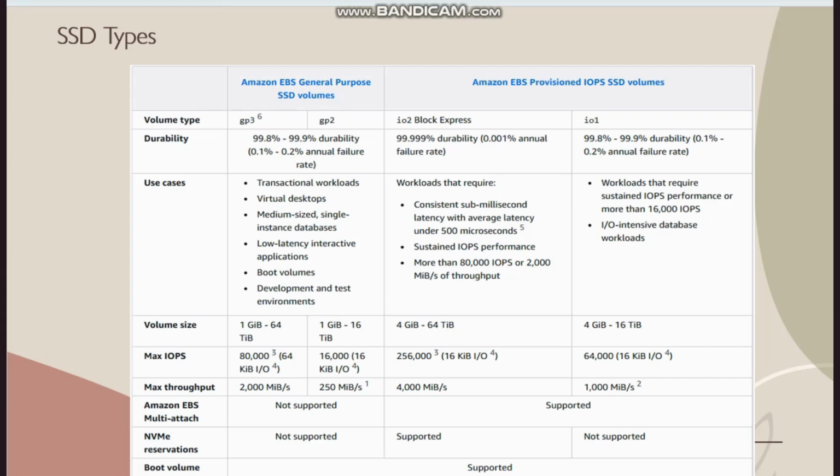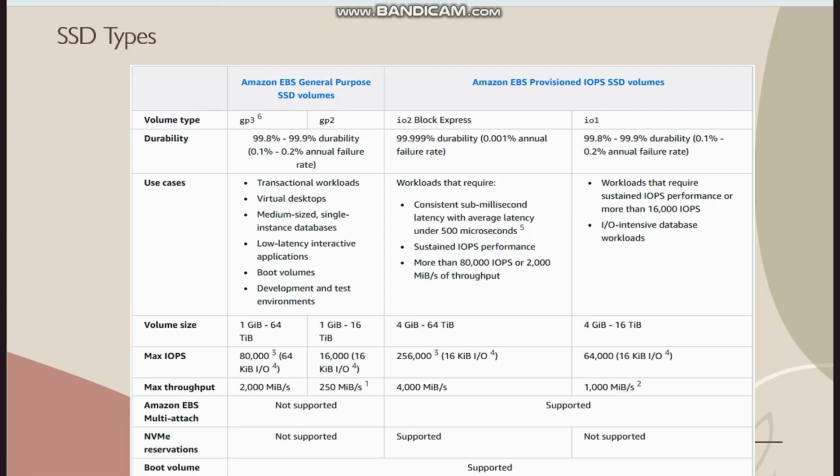Both are used for transactional workloads and single instance applications, and they also provide low latency for the application, and can be used as a boot volume for development and testing environments. And we can choose the general purpose SSD GP2 or GP3.